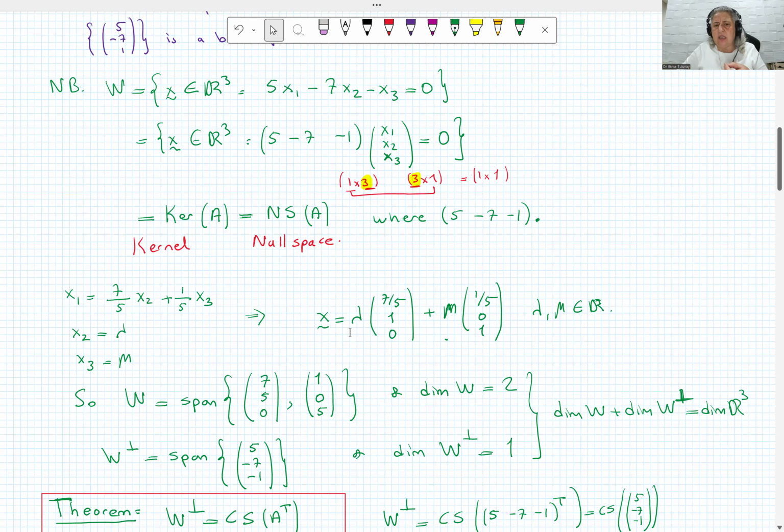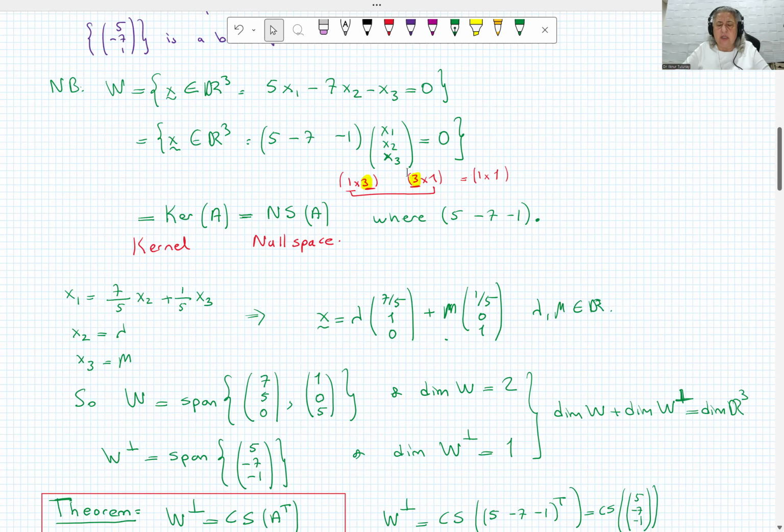But since we are taking multiples of lambda and mu, instead of lambda you can use 5 lambda, and then you will have the vector 7, 5, 0. Instead of mu, you can use 5 mu, and then you will have 1, 0, 5. So we obtain W as a subspace spanned by two vectors, which means that the dimension of W is 2.